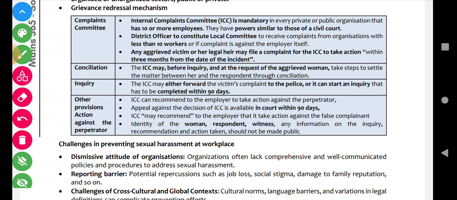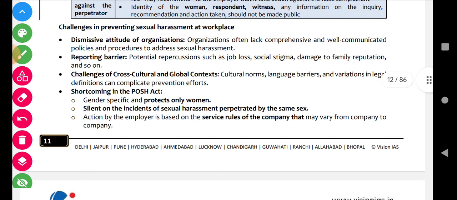So what are the challenges in preventing sexual harassment at the workplace? First, the dismissive attitude of organizations.